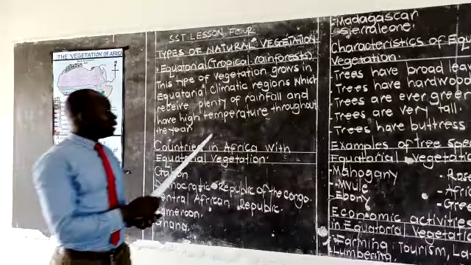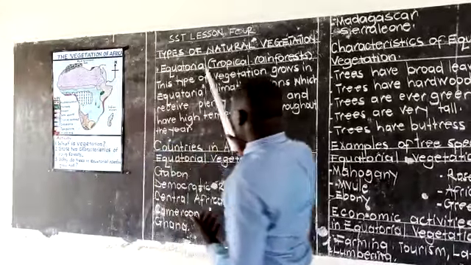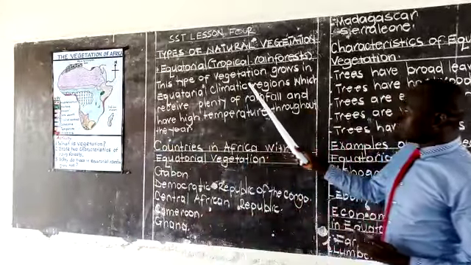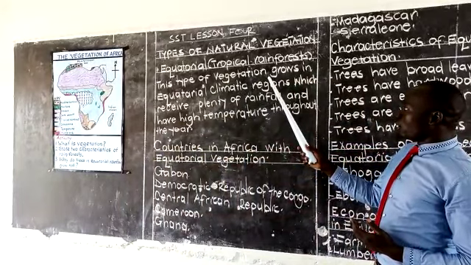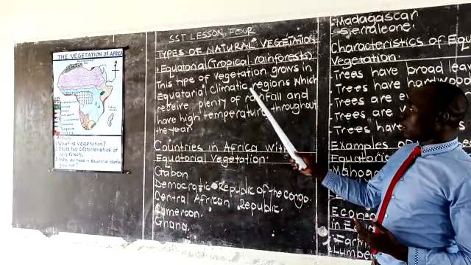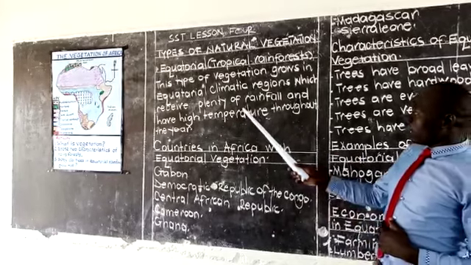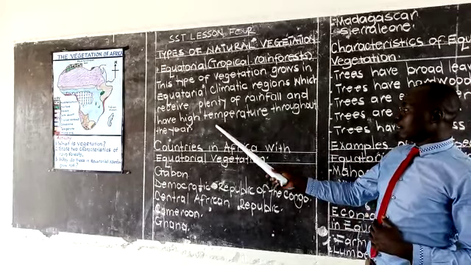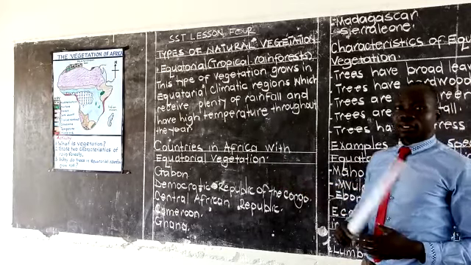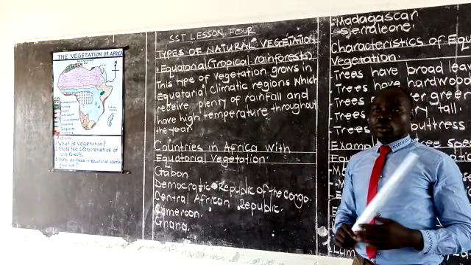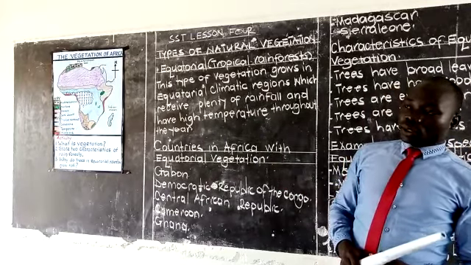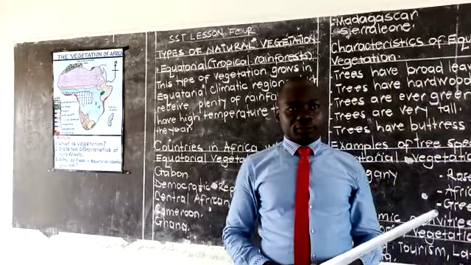So, we said equatorial or tropical rainforest grows in equatorial climatic regions, which receive plenty of rainfall and have high temperature throughout the year. So in Uganda, equatorial vegetation is found.